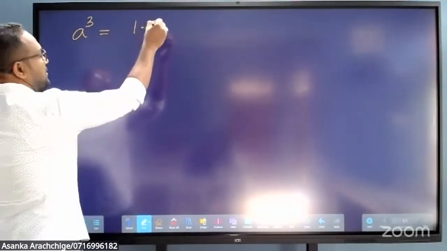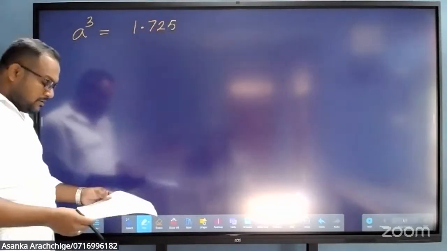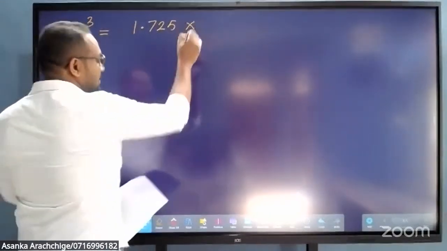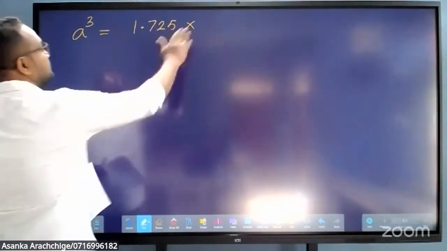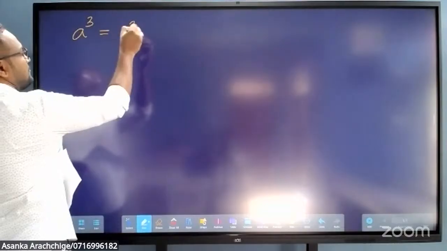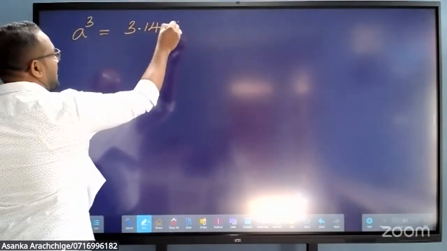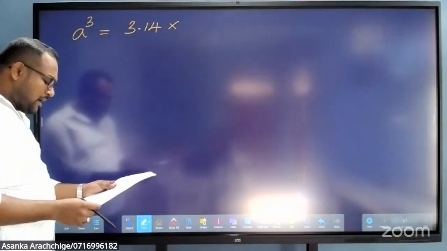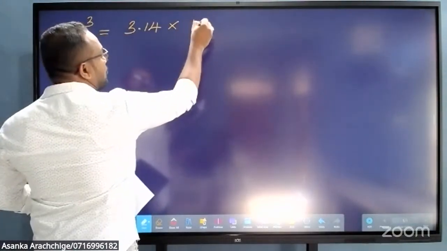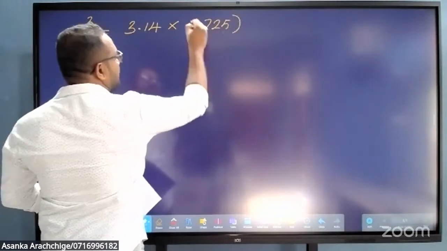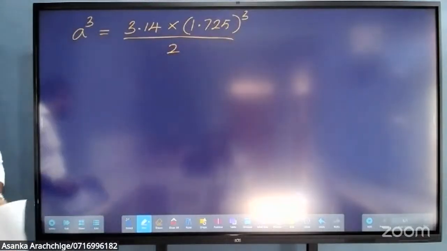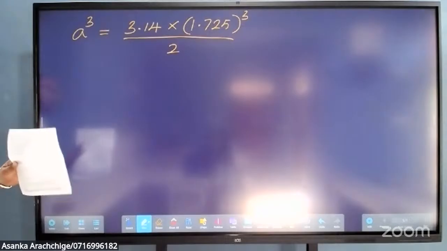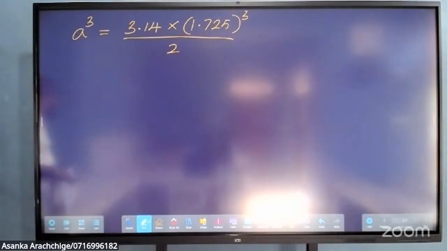So a cube equals 3.14 times 1.725 cube upon 2. This is the value of a cube. I have written it down by substituting the given values.